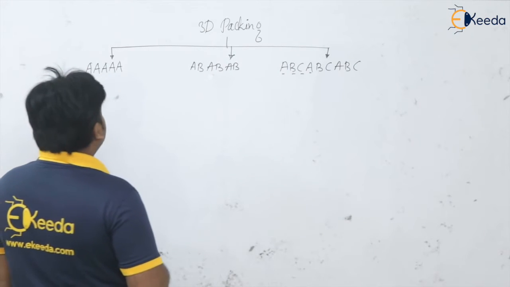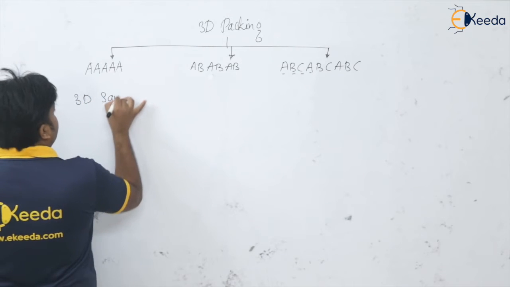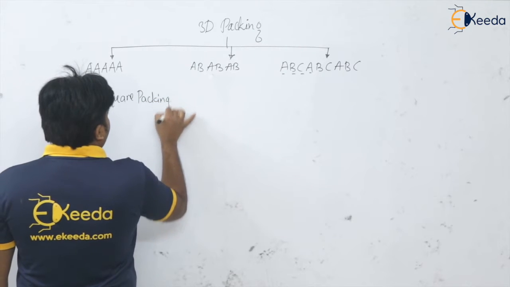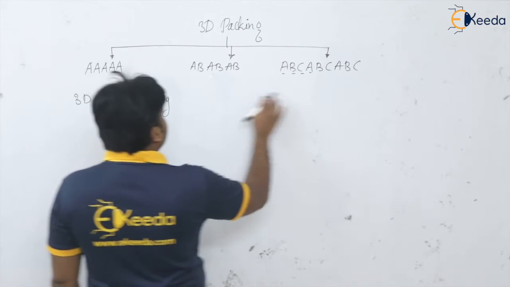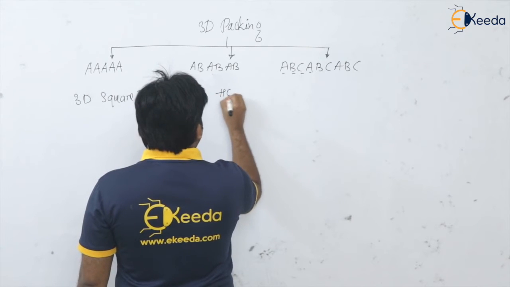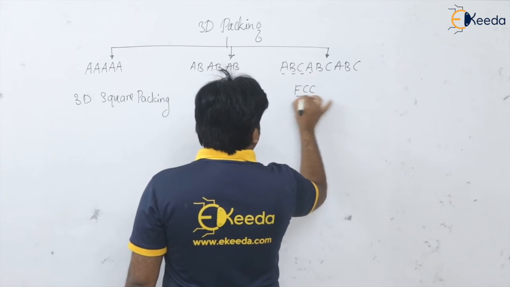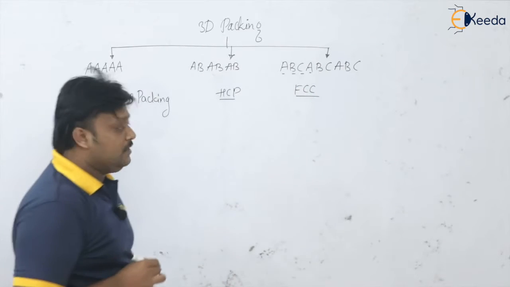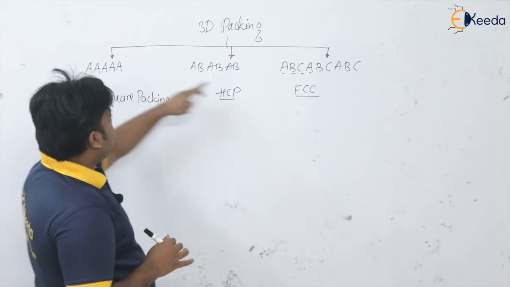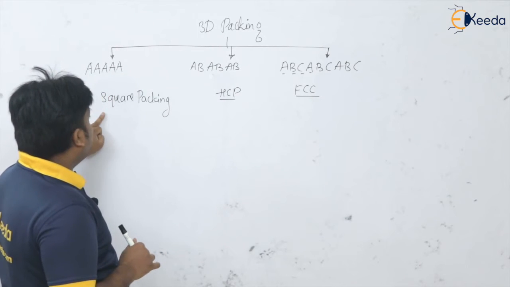So in 3-dimensional packing we have this 3-dimensional square packing, and this is the hexagonal close-packed structure HCP, and this is the face-centered cubic structure in 3-dimensional. Okay, now see here, the first layer is A, of course this is square packing.